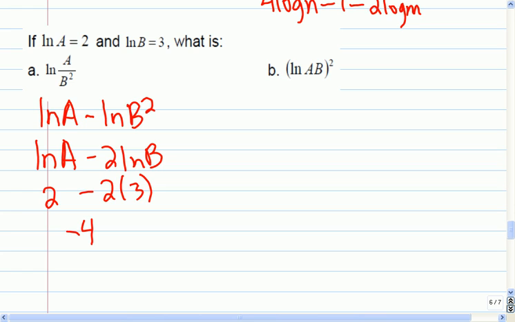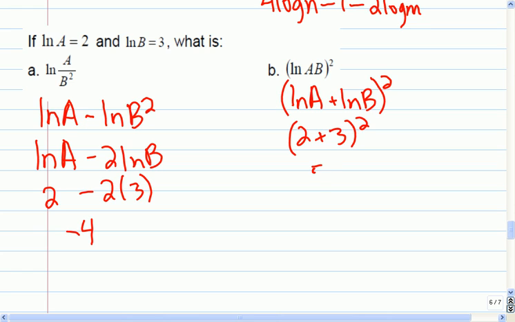In the second example, it's not super difficult to do, but I'll show you one of the common mistakes that students make with this question. If I do this, it's going to be 2 plus 3 squared, so 5 squared is 25.